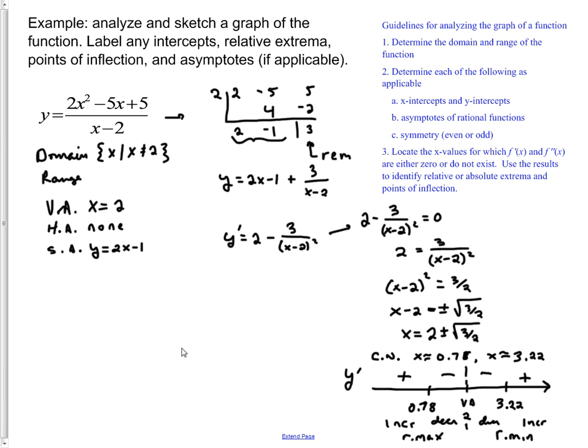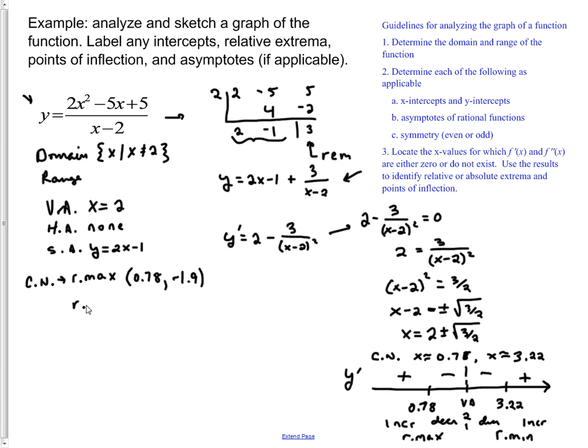So I substituted in my x values right here, and you can verify this for yourself. Substitute in your x values into either your original or rewritten original function, and what's going to happen is that our critical numbers, our relative maximum occurs at the point 0.78 and negative 1.9 rounded for the y value.